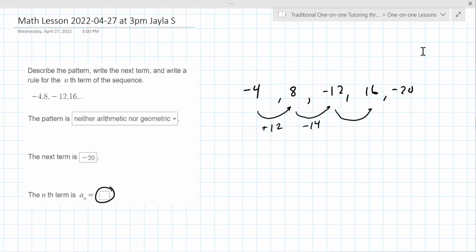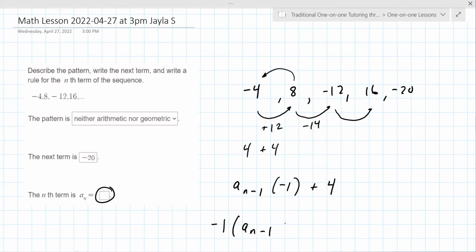So the thing here is you're taking the previous number, a_(n-1), whatever this previous number is, and then you're changing its sign, and then you're adding to it 4, or you're adding to it -4. Do you see that? If this went to 4, you're adding 4. So maybe that is as simple as we can make it. It's -1 times the previous number, change its sign.